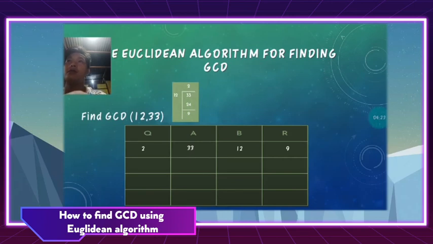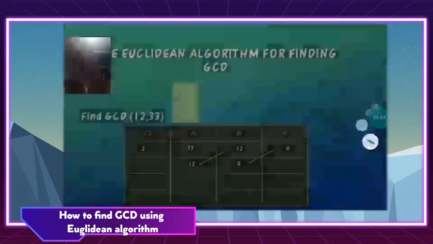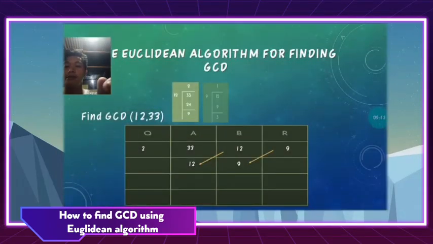Now just shift the values: B goes into A, and the remainder goes into B. So when you shift the values, 12 will be in A and 9 in B. Now carry out the same division operation again. 12 divided by 9: 1 times 9 is 9, and the remainder is 3.